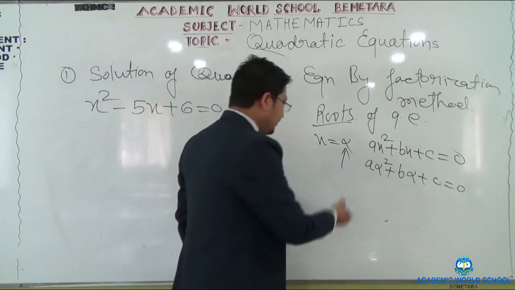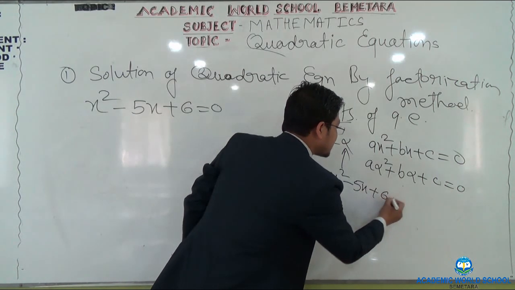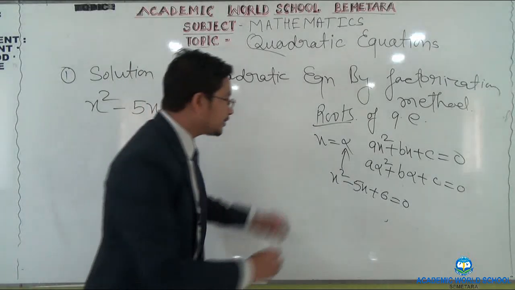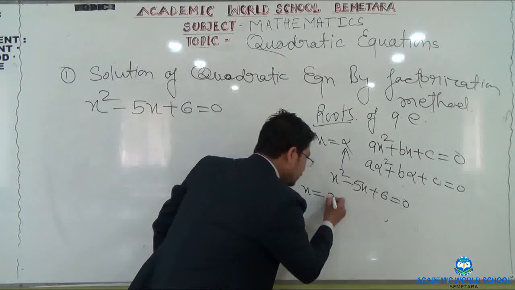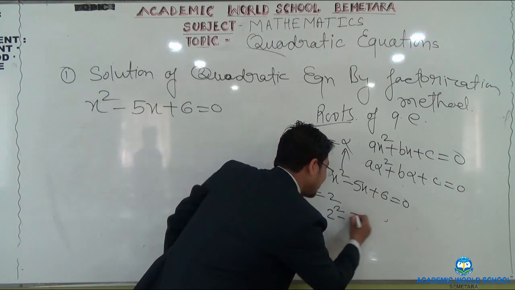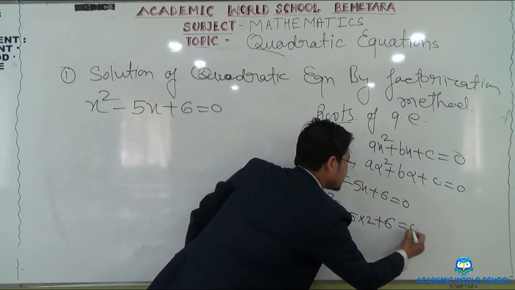So let's take an example. I am writing x square minus 5x plus 6 is equal to 0. If I substitute x is equal to 2, this will be 2 square minus 5 into 2 plus 6 is equal to 0.